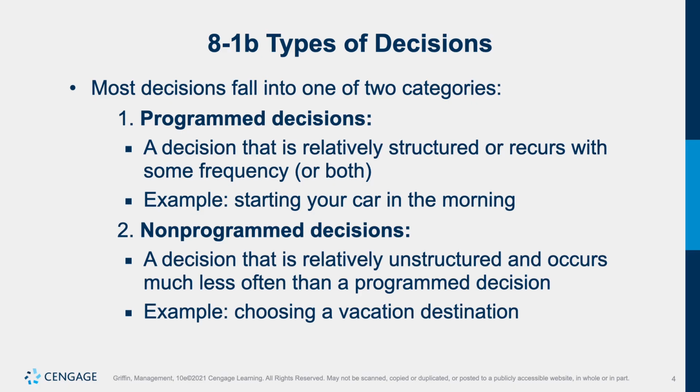For as much as you want to leave the house in a vehicle, you would have to start your car in the morning, right? An example of a school-related programmed decision, like at Francis Marion University, which affects students, would be the course offerings, right? Those course offerings happen at certain periods of time.